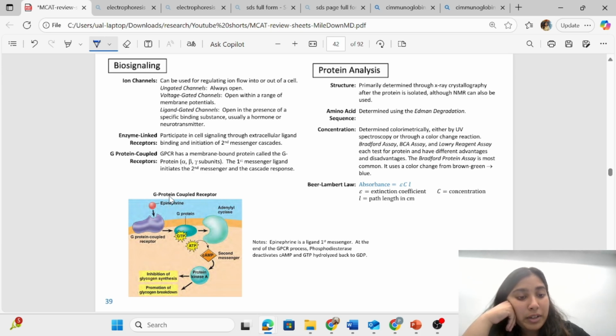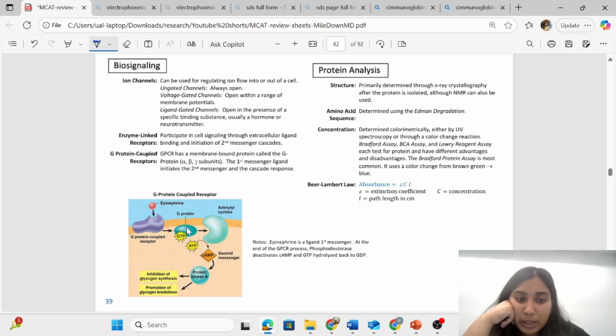Here the epinephrine is coming, binding to this G protein coupled receptor, then this receptor turns the GDP to GTP, and this GTP will bind to the G protein.